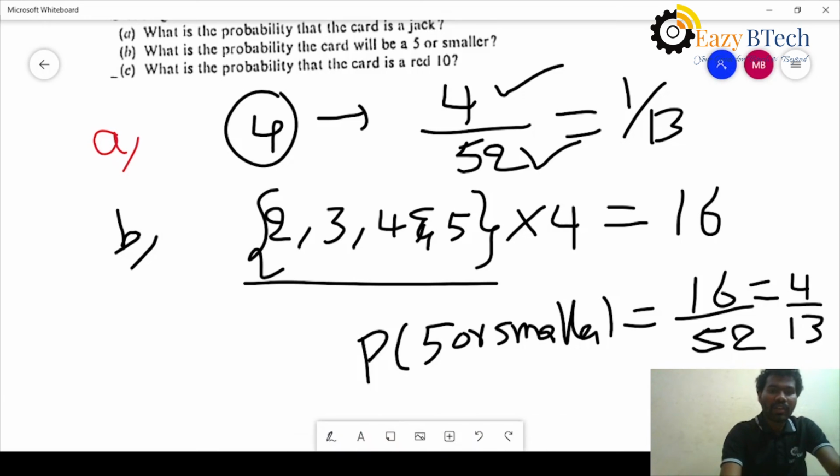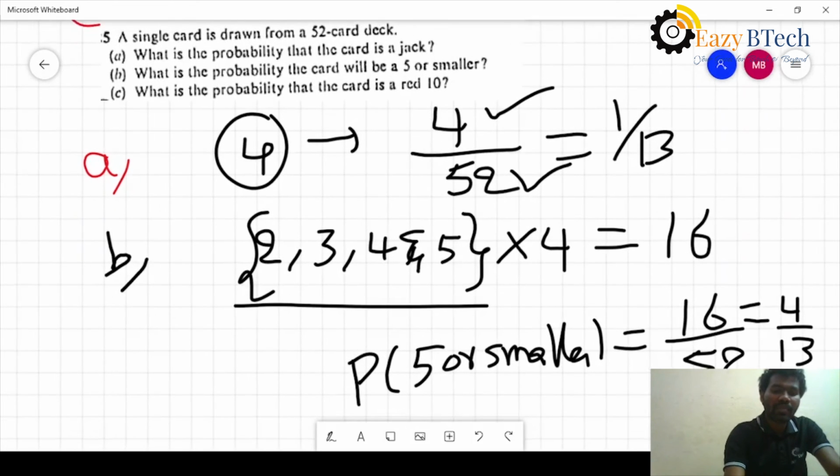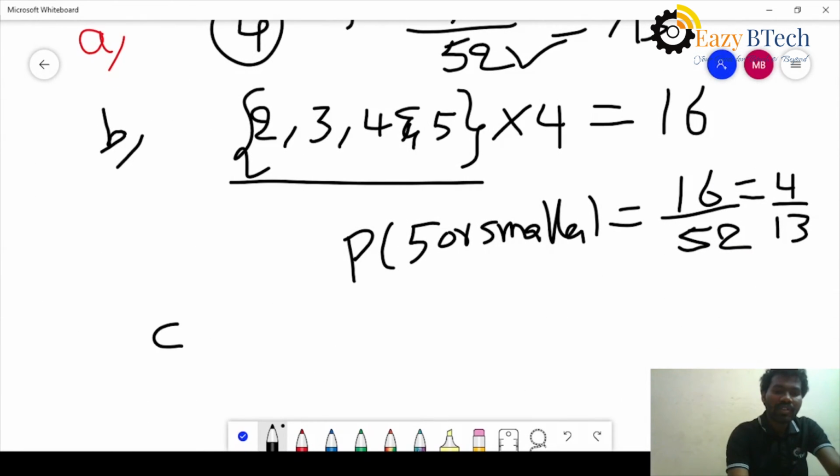Now, the third one is: what is the probability that the card is a red 10? So C means the event of getting a red 10 card. Here there are totally 26 red cards. In 26 red cards, the 10 numbered cards are only 2.